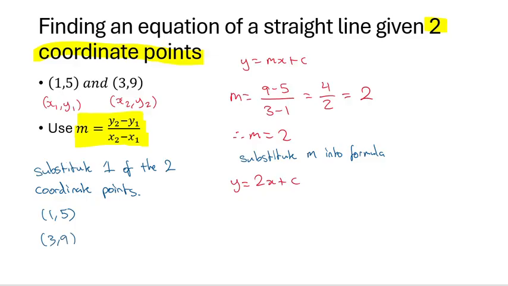It doesn't matter. But the best one to substitute is to pick the easier one. So pick the easier coordinate point to substitute. I'll just write generally, pick the easier. Oh, that's not how you spell easier.